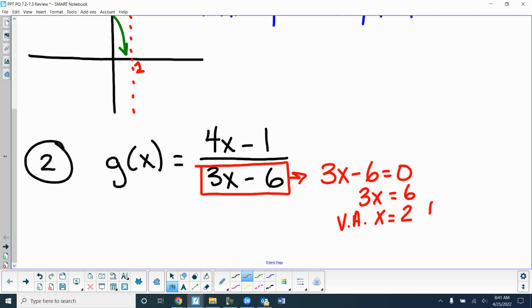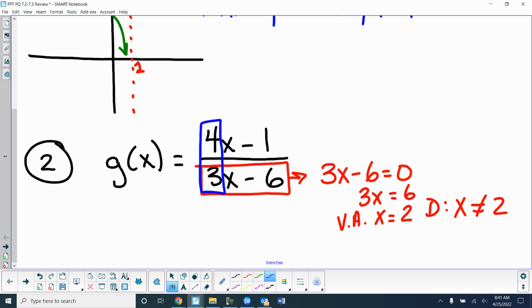All right? The domain then, which you didn't have to do, but would be what? x cannot equal 2. Right? Okay, so if I'm asking for a vertical asymptote or horizontal asymptote, it's x or y equals. And if it's domain or range, it's x and y do not equal. But it's the same numbers. Okay? Now, for the horizontal asymptote, it's this coefficient divided by that one.